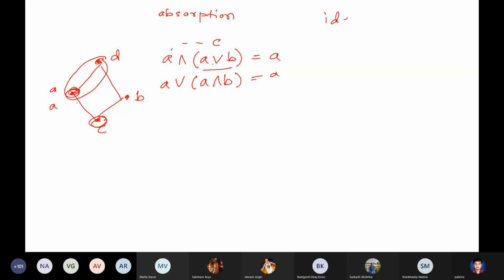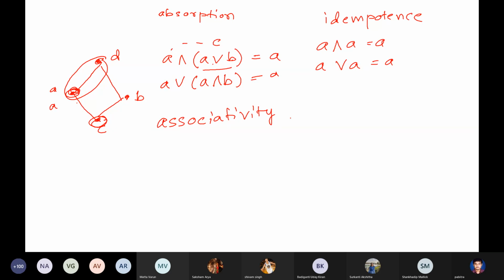Similarly, there is idempotence, which is A join A is A, and A meet A is A. This again, I think, follows straight away from the definition. So this also holds. Now there is another important property, which is associativity.